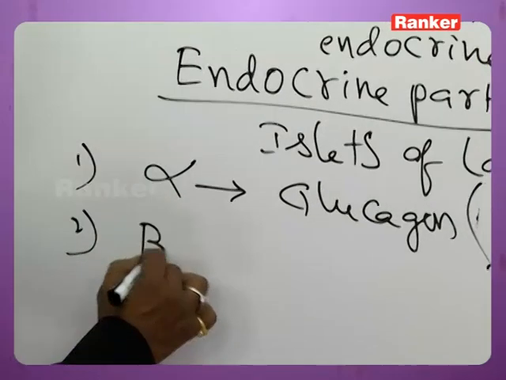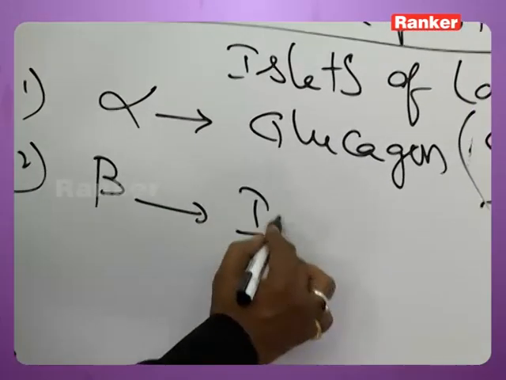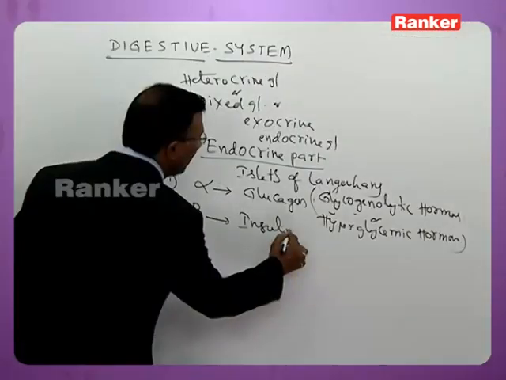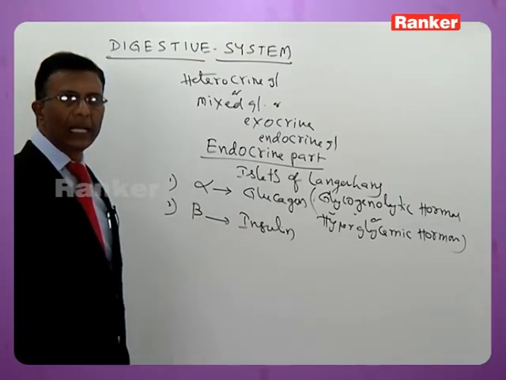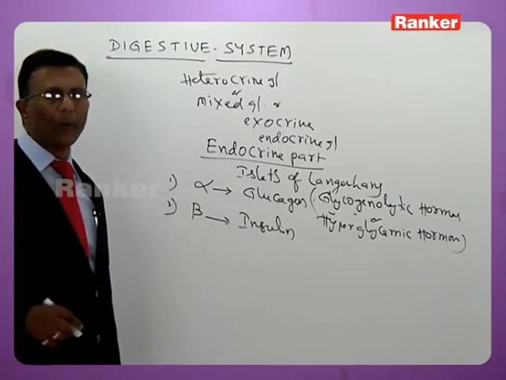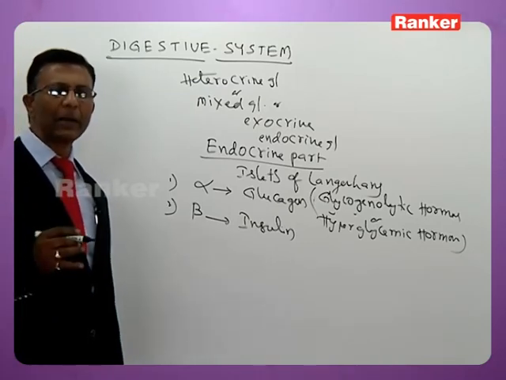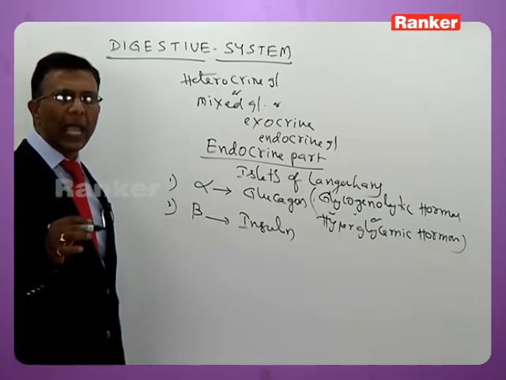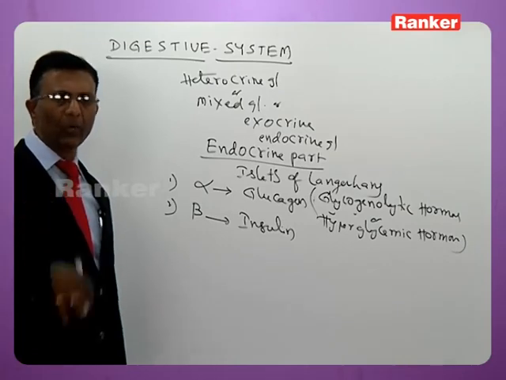The next, beta cells synthesize insulin. Insulin is antagonistic to glucagon here now. That is, it lowers blood glucose level by converting excess glucose into glycogen.